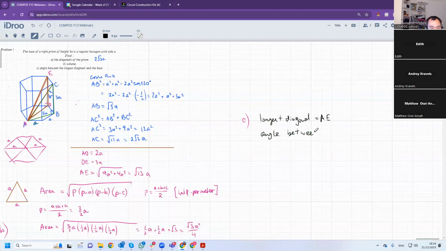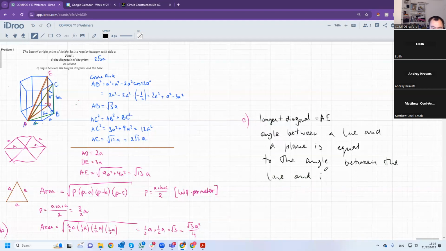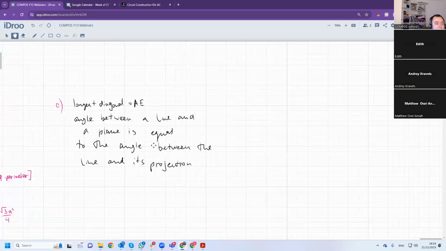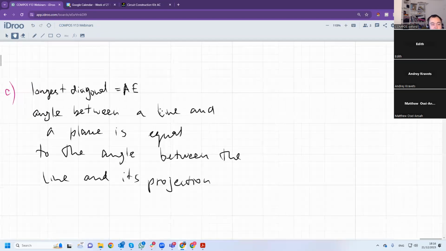Angle between a line and a plane is equal to the angle between the line and its projection. Okay, that's important. We need a definition of the angle between a line and a plane.